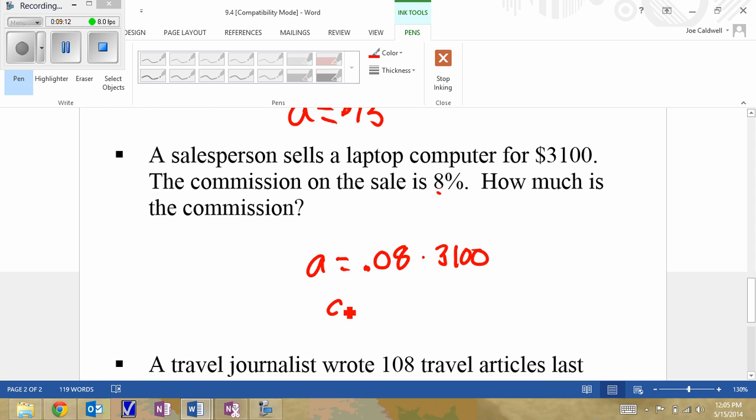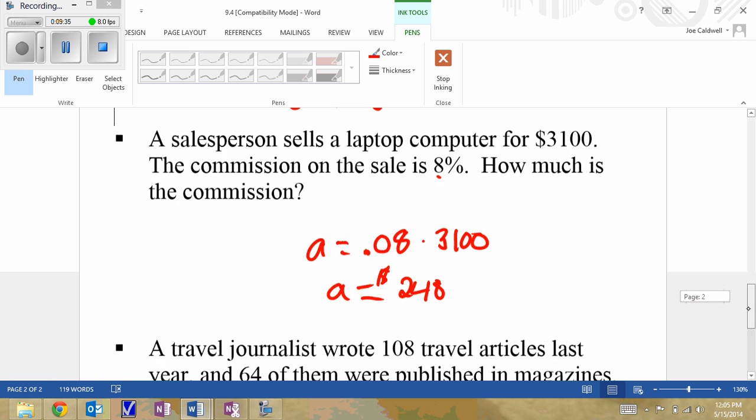So again, we can just kind of do the math there. There's no solving or anything. We can just kind of multiply it out, which is kind of nice. 0.08 times 3,100 equals, and since it's a story problem, I'm going to use a label, $248 if I multiply those two numbers together.